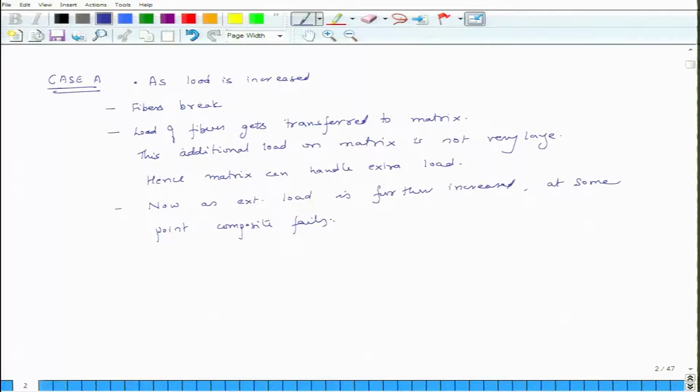So, this is the first case, and this case happens when Vf is very small, because if Vf is large, then the load transferred will be reasonably high and the matrix will not be able to handle it. In this case we will find the value of sigma Cu, which is the ultimate tensile strength of the composite. So, again we will draw a picture.